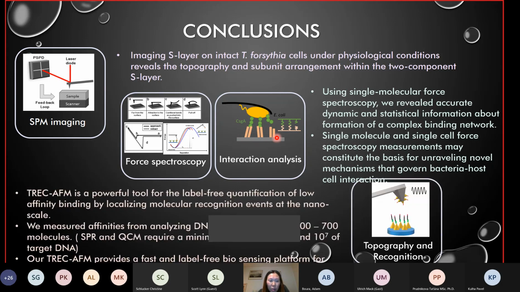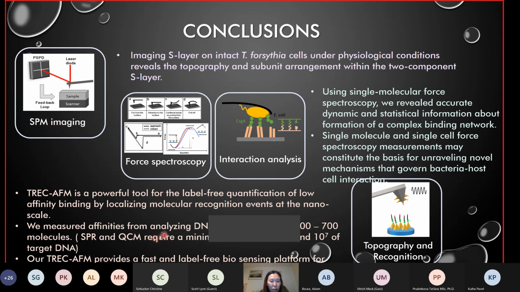And then finally, our track method shows a really powerful tool, a label-free quantification method. In our case, we need about 100 to 700 molecules to carry out the affinity measurement, compared to SPR or QCM, which really require a minimum number of 10 to the power of 4, or 1 million, target DNA to get the signal.